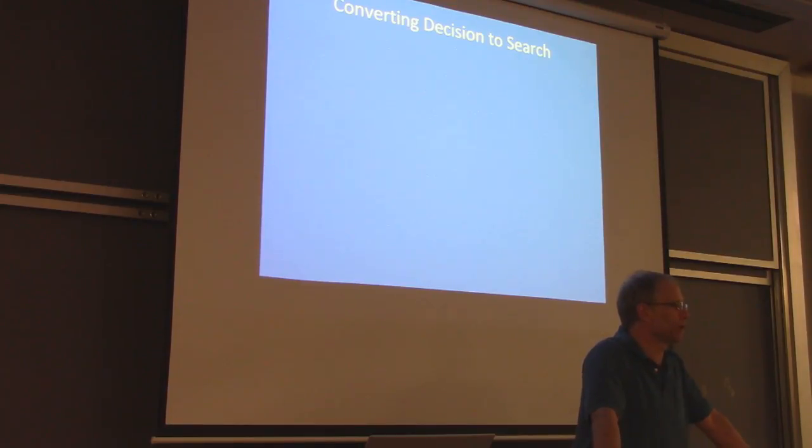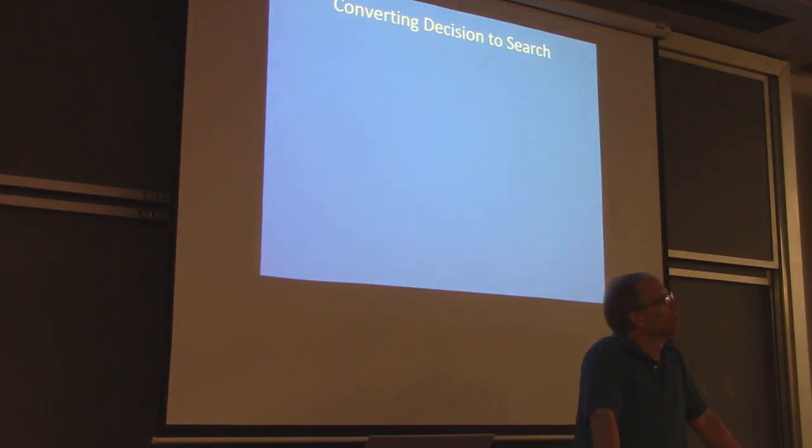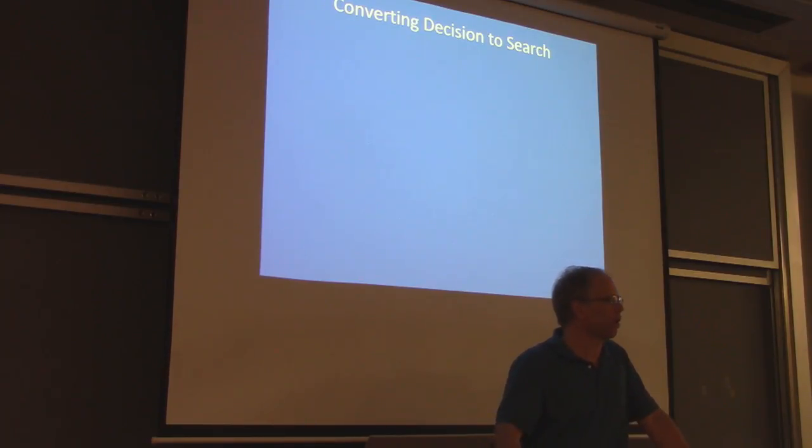Think about this problem. Suppose the problem is to factor large numbers. Let's suppose the search problem is you're supposed to find all the prime factors. N is the number. Find all the prime factors less than n, or report that there are no prime factors less than n.